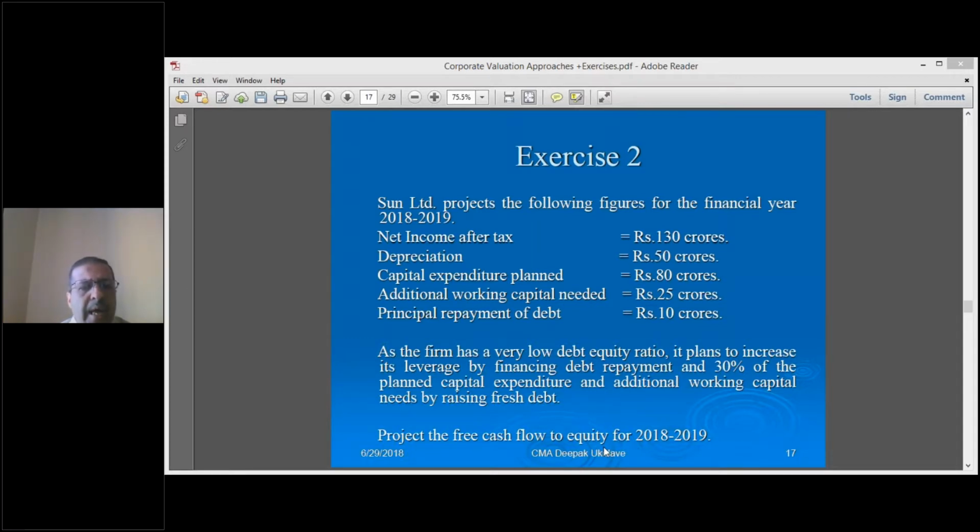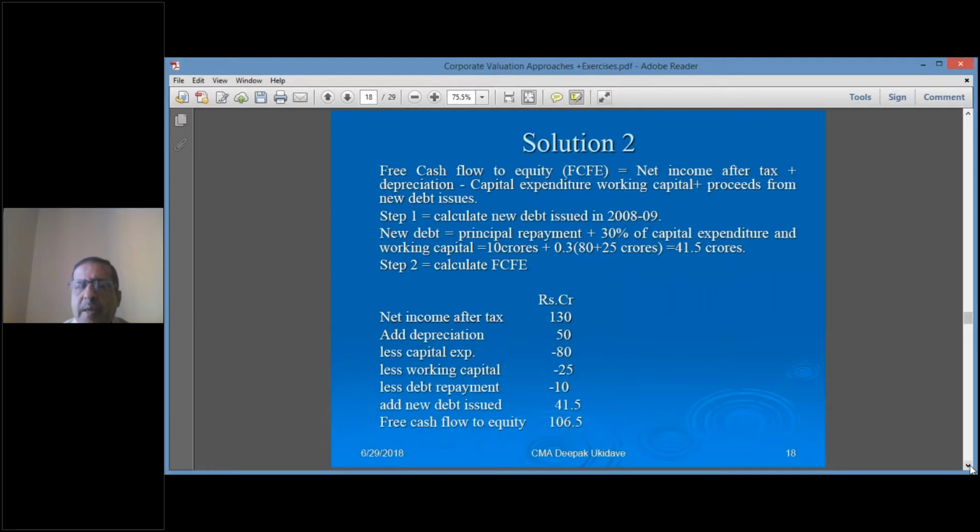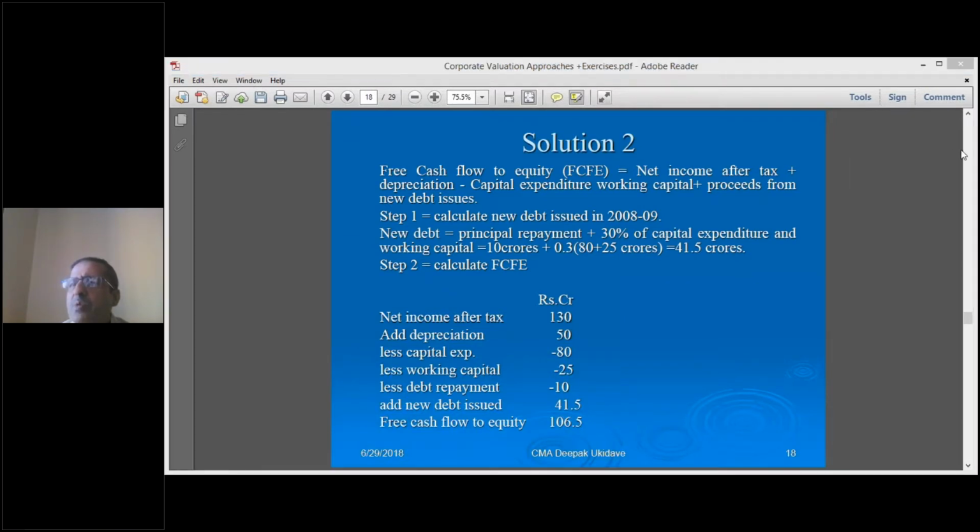FCFE comes to 96.5 by Pradeep, whereas Sumadura got the final answer as 106.5. Let us see. I'm going to the next slide, the answer slide. Answer is 106.5. So I think Sumadura was right.